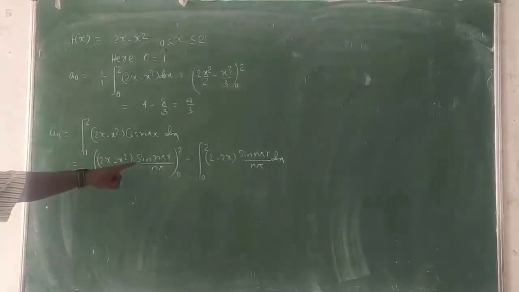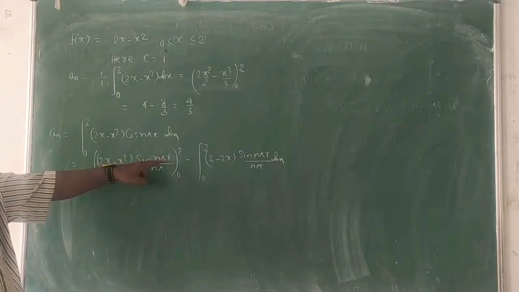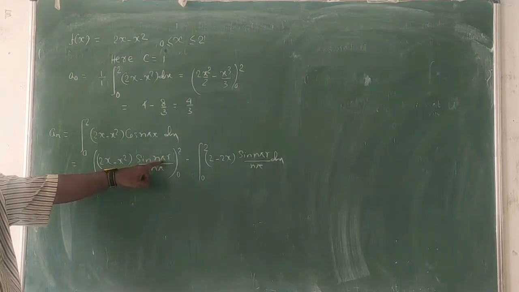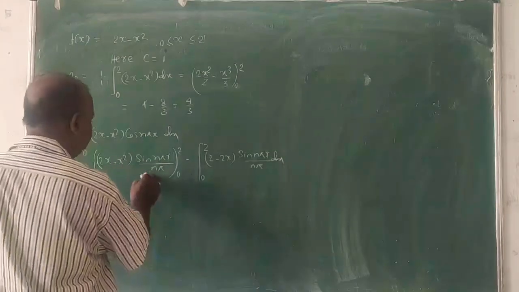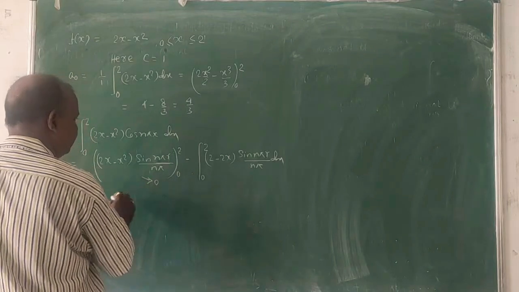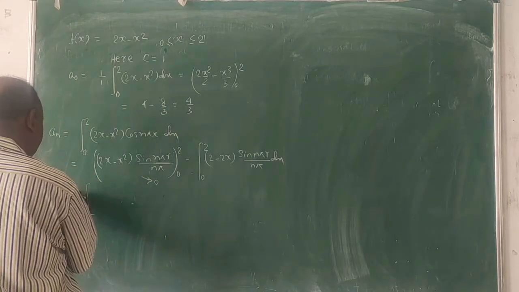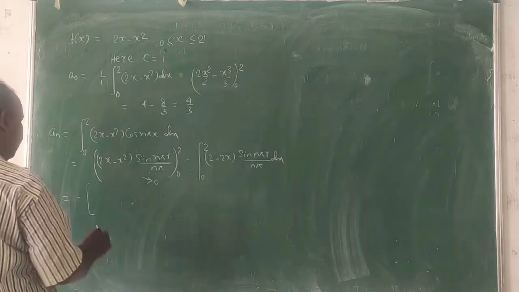You substitute x is equal to 2 here, that is sine of 2n pi is 0. Sine 0 is 0. So we are getting 0 for the first part. Now evaluate the second part: minus, let us see this, 1 by n pi taken as common. Again you integrate this by parts.